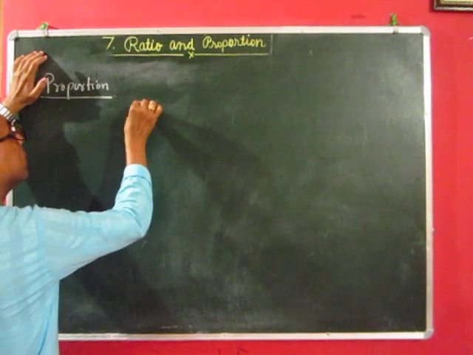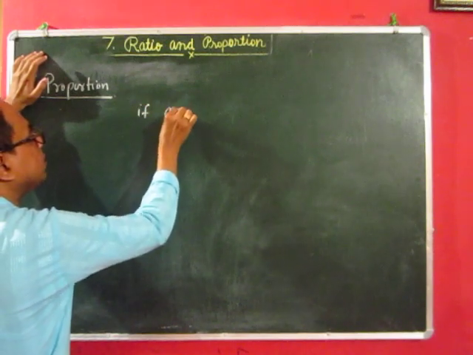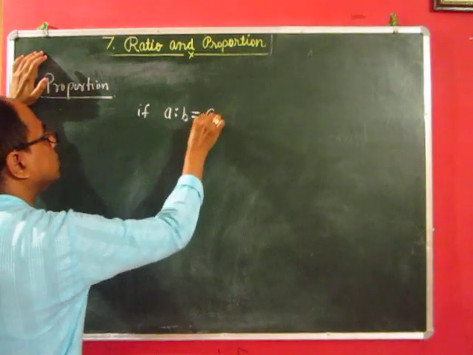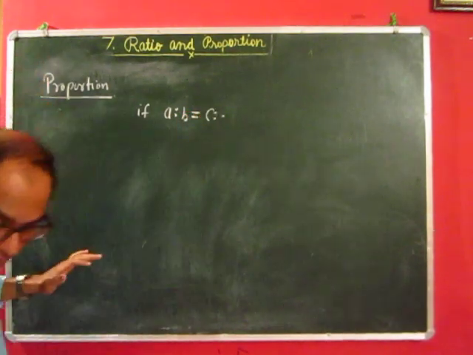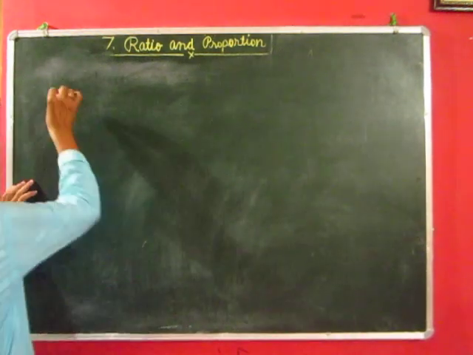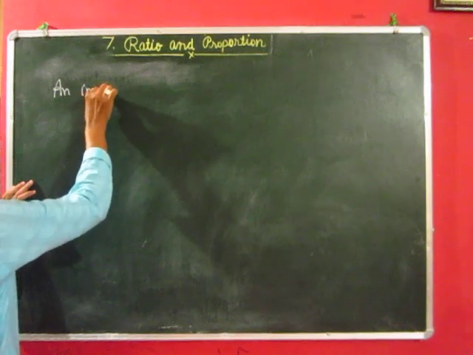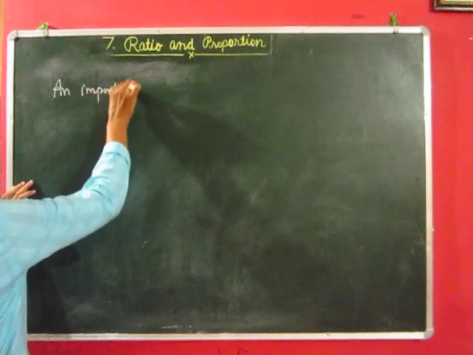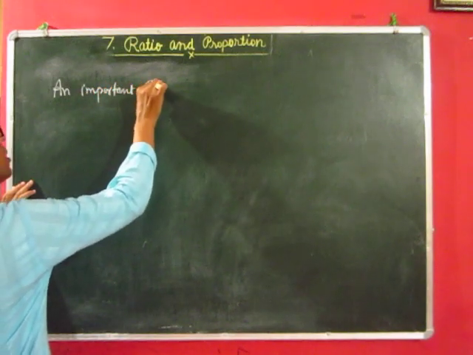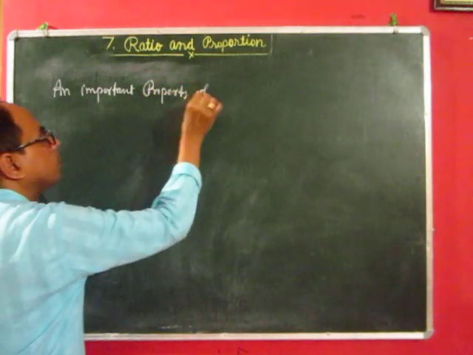If A is to B is equal to C is to D, or we can write it this way, an important property of proportion.